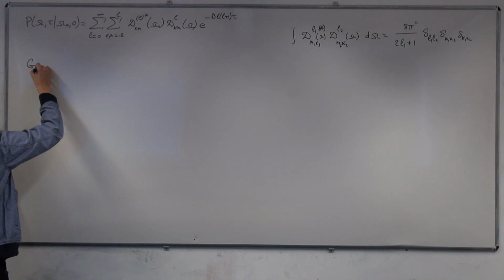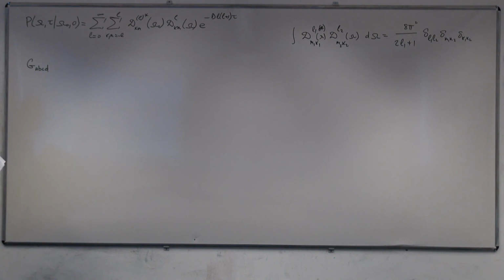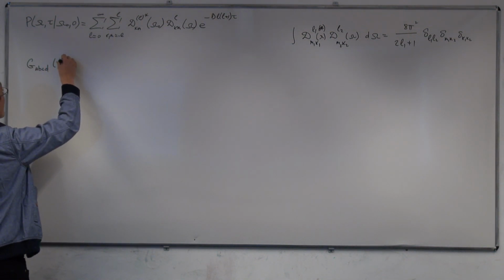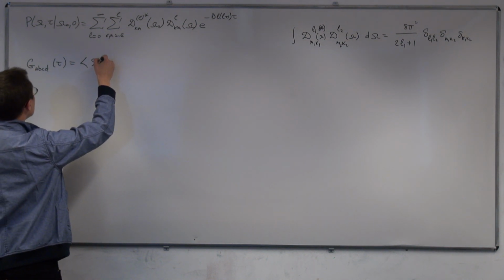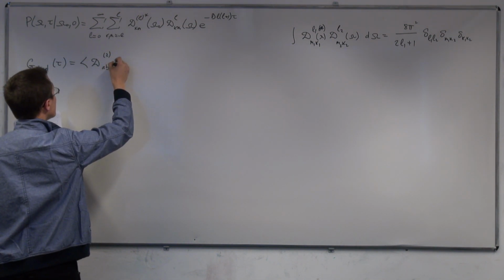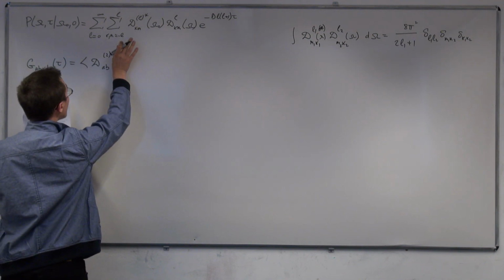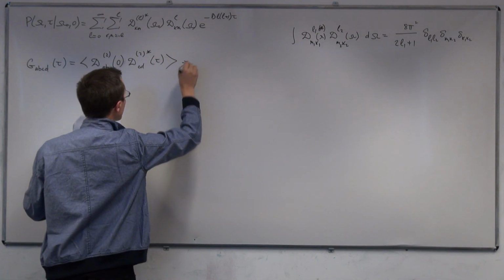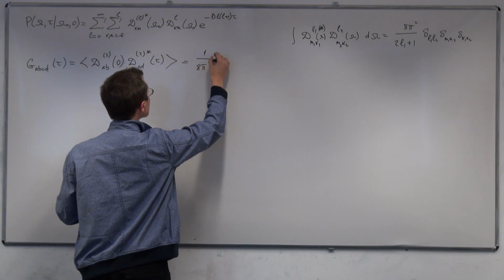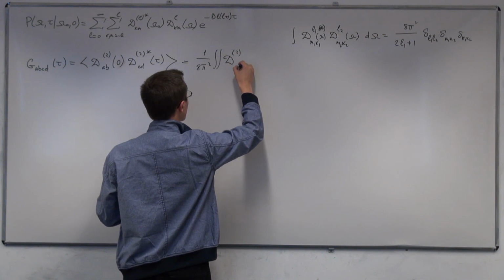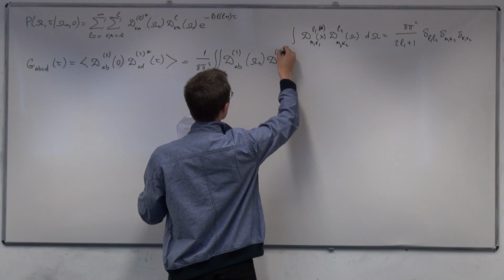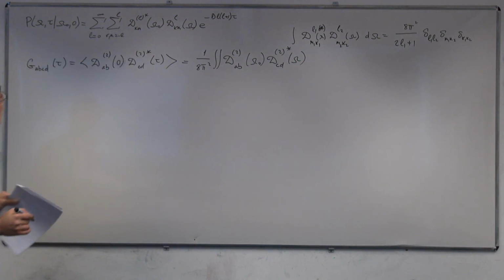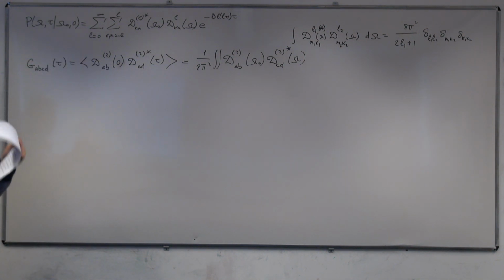So our G_ABCD, and I'll be using A, B, C, D here so as to not confuse things with the K and M that we've been using throughout the previous calculations, of tau, which was defined, if you remember, as D2_AB of omega 0, then D2 star CD of tau, and which we had expanded in the integral of 1 over 8 pi squared, double integral D2_AB of omega naught, then D2 CD star of omega, and there was the probability density, which we can now actually plug into there.